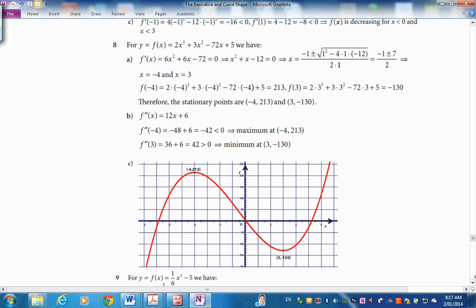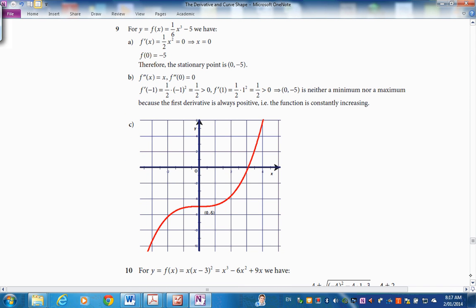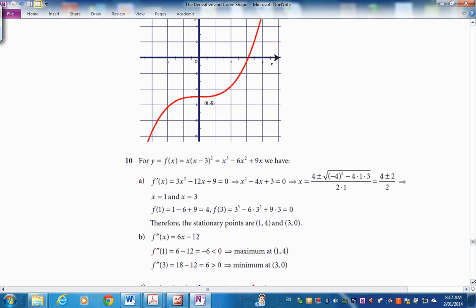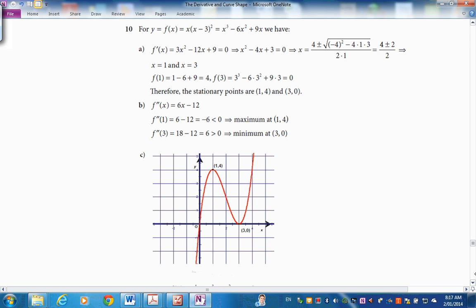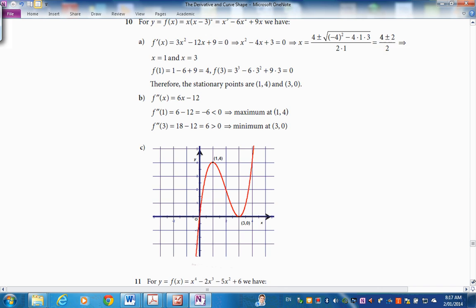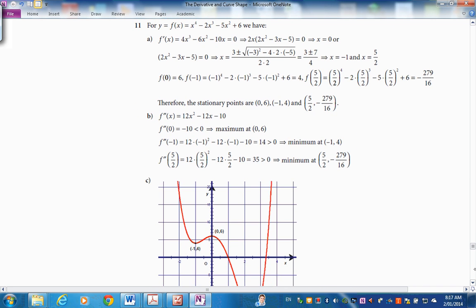There's question 8. Question 9. And question 10. And question 11, we'll have a look at the graph, a bit more detail in a minute.